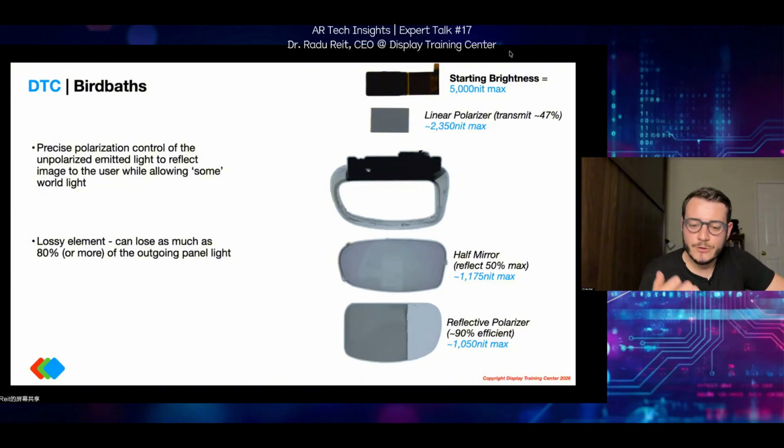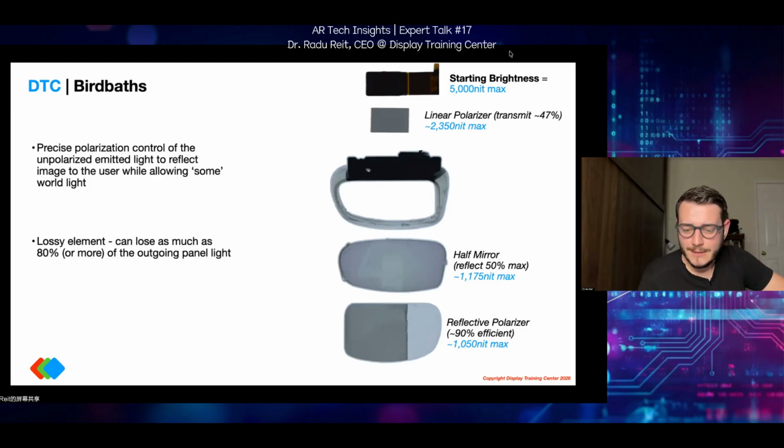So you're going to cut your maximum emission by more than half to around 2,300 nits. You're then going to go and bounce off of the reflective polarizer first, and then bounce off of the half mirror, which again reflects maximum 50% of your light.